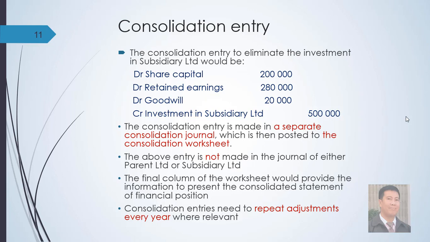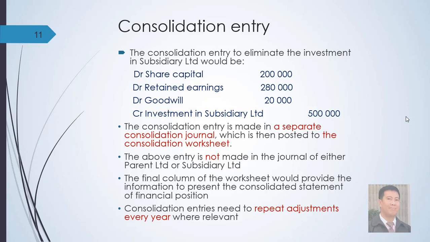If it is a gain on bargain purchase, that should be on the credit side. Again, take note, it will only be posted in the consolidated journal and consolidated worksheet, and it should not affect the separate financial statements. Also take note that consolidation entries need to repeat adjustments every year.